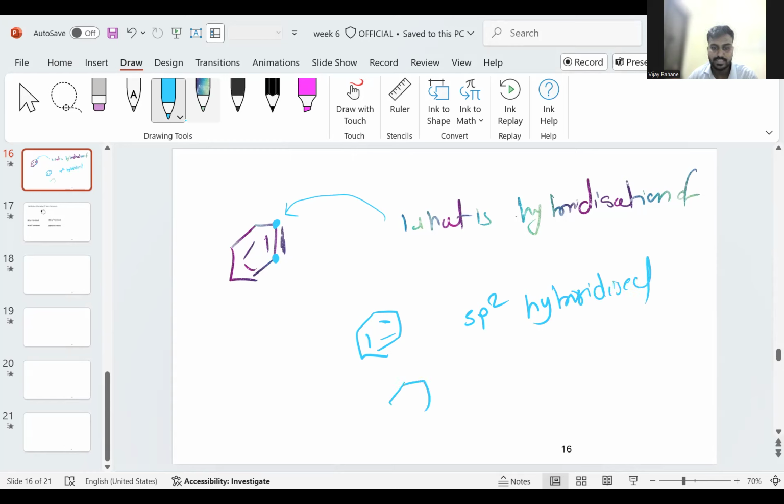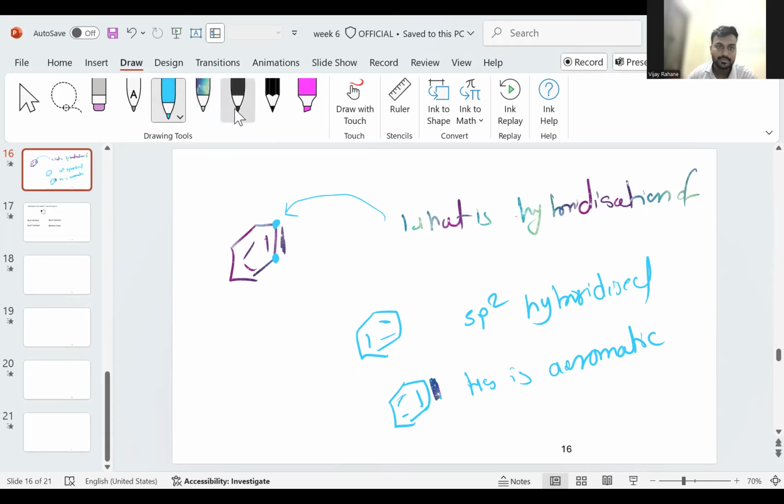And I mentioned earlier, this benzyne is aromatic, and these pi electrons are not involved in the conjugation.